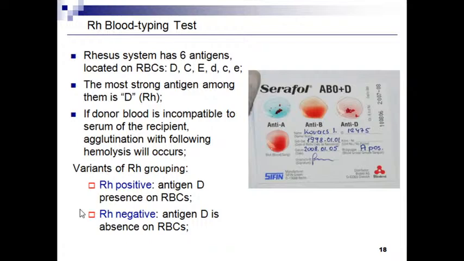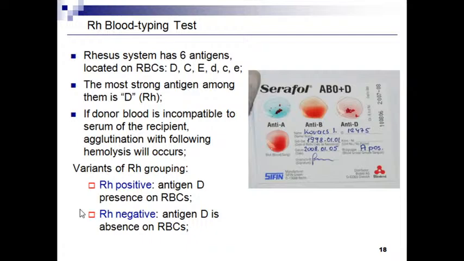RH blood typing test. How to define the presence or absence of the Rh factor on erythrocytes. If donor blood is incompatible to serum of the recipient, agglutination with following hemolysis will occur. The technique of the reaction is similar to blood grouping according to ABO.